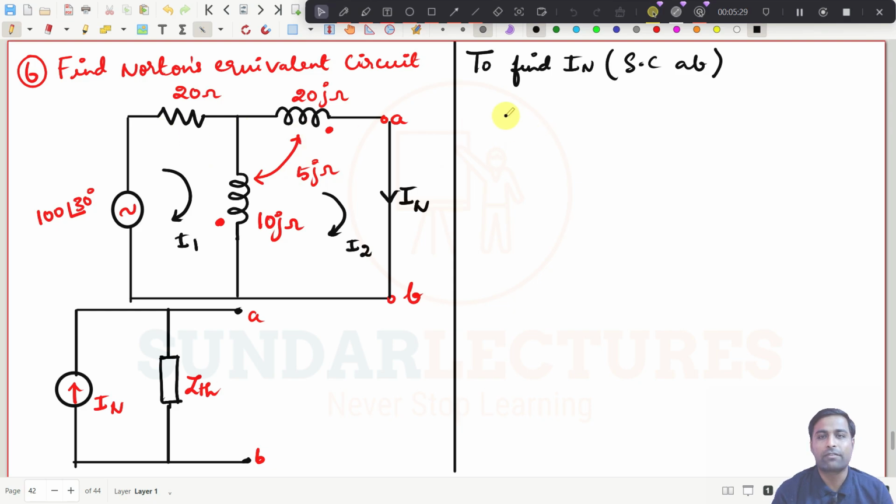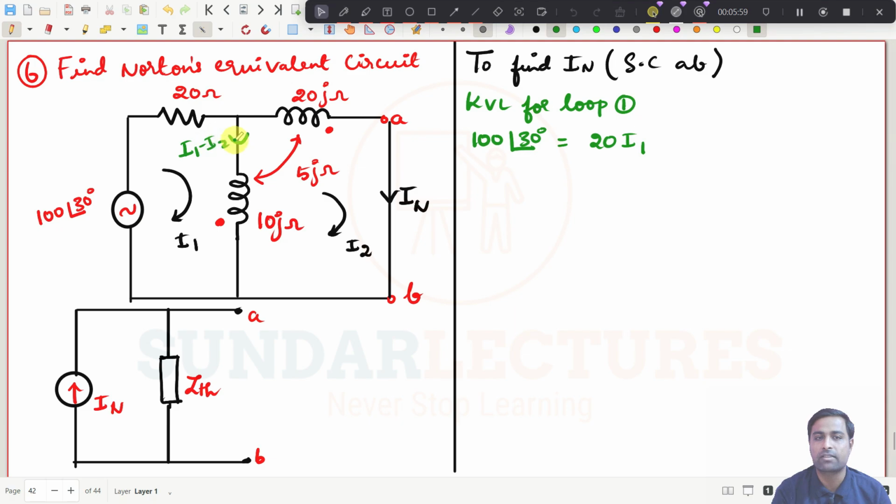So I have to write the KVL expression for loop number 1. I will just write it down. You have a voltage source, so it will be 100 at an angle of 30 degrees, which is equal to 20 I1. You have two loops, so the current coming to this coil is I1 minus I2, into the value of this one.